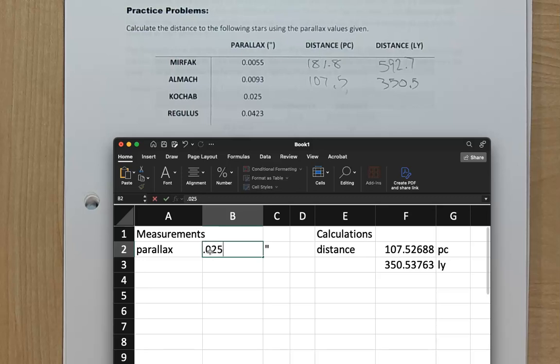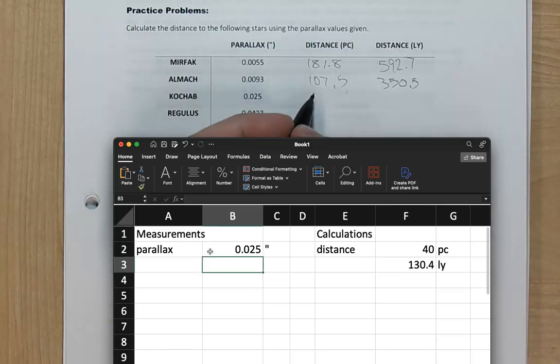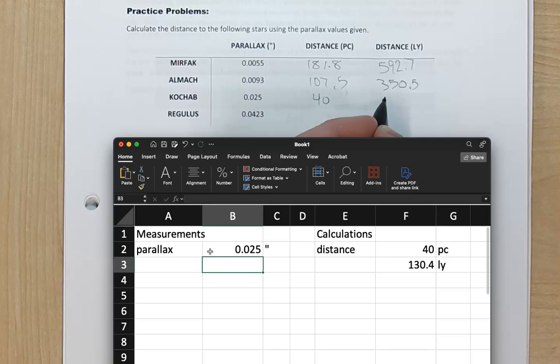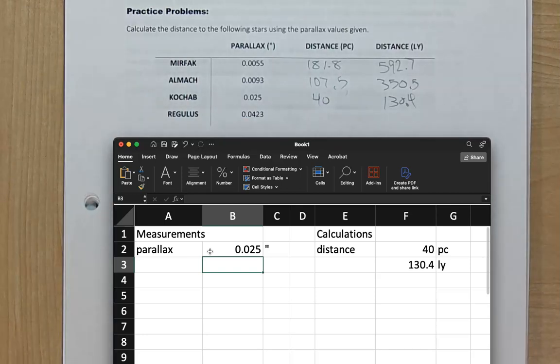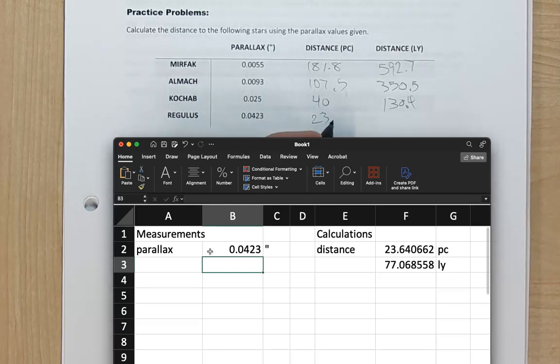Kochab, only 40 parsecs, and 130.4 light years. And Regulus, 0.0423, 23.6 parsecs, or 77.1 light years.